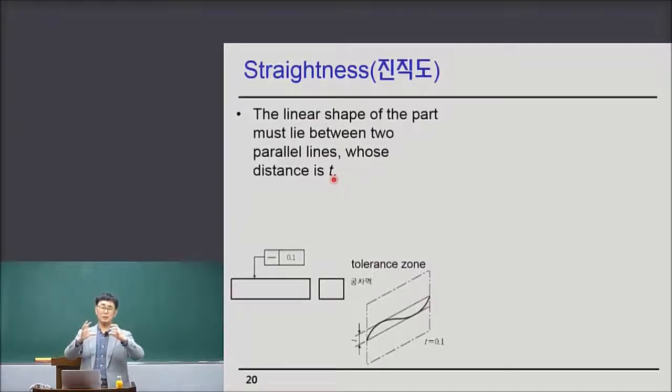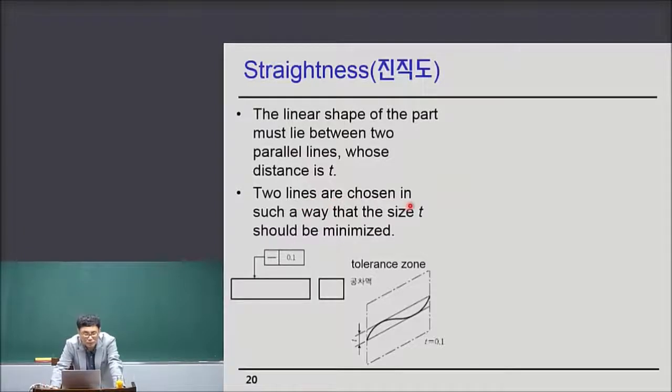Roundness was defined by using two concentric circles; straightness is defined by using two parallel lines, right? So this is the true linear shape, and it must lie between two parallel lines whose distance is t.